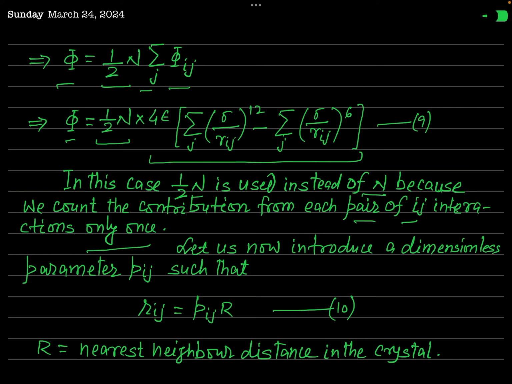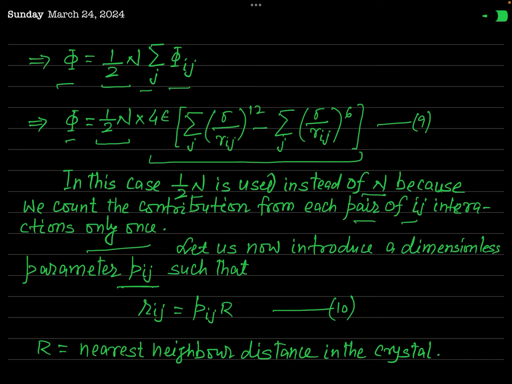Now, as you have seen, for calculating the binding energy of the ionic crystal we introduced a dimensionless parameter. Like that, in this case too, I am introducing the same kind of dimensionless parameter, denoted by the symbol p ij.